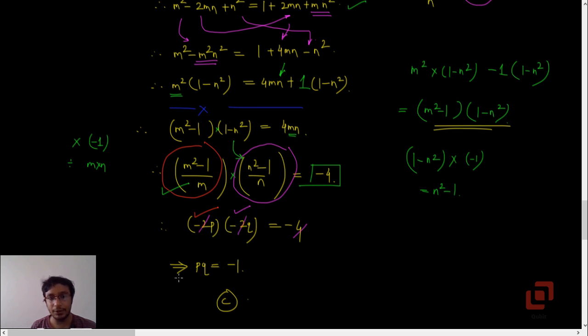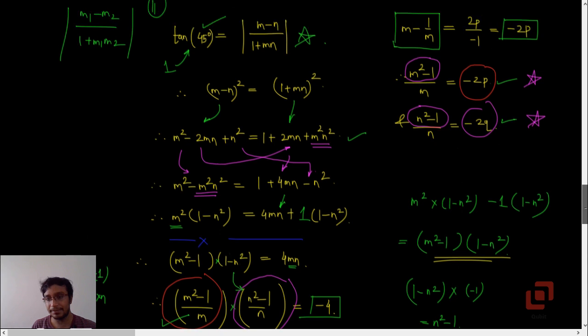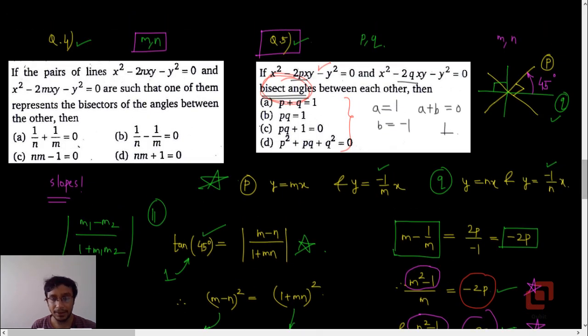So you'll get pq as minus 1 or pq plus 1 equal to 0, and that is the option C. Right? pq plus 1 equal to 0 or pq equal to minus 1, and if we were to solve the question for mn, then that would be option D, mn plus 1 equal to 0 or mn equal to minus 1.